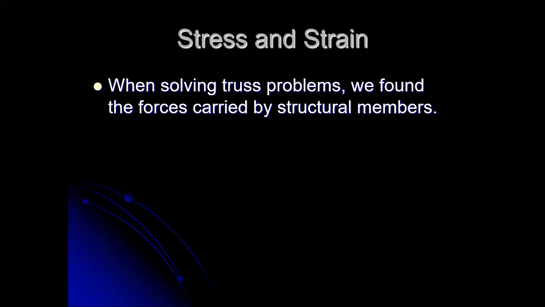Or if we have a candidate part, how can we figure out if that part will handle the load? And that involves discussing stress and strain, because it's the external loads that are applied to a material, that external 2.3 kips, has to be handled internally by the material.